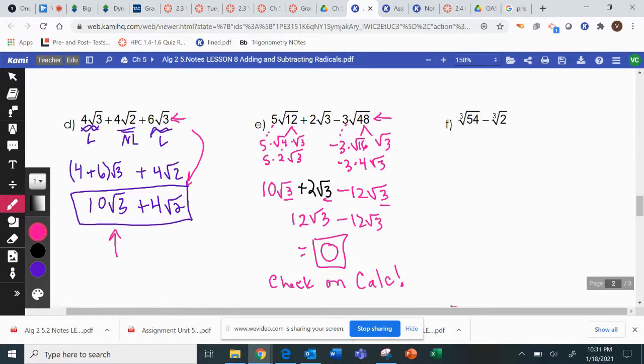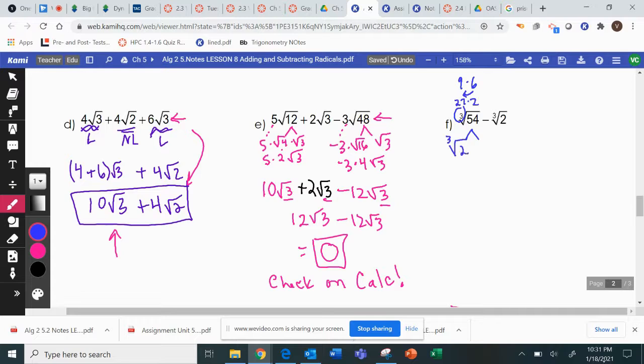Okay, the next one, I look at both of these, and they are not like, but perhaps 54 could simplify. Oh, these are cubes. So 54, I know is 9 times 6, but those aren't cubes. But if I move a 3 over to here, I could get 27 times 2.